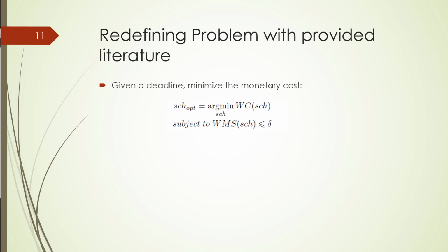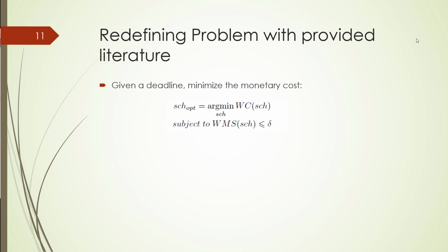Okay, let's give it a deadline. So now we have a deadline constraint workflow over here. We can define like this. Given a workflow W and an infrastructure as a service computing environment C, and we have a deadline sigma.